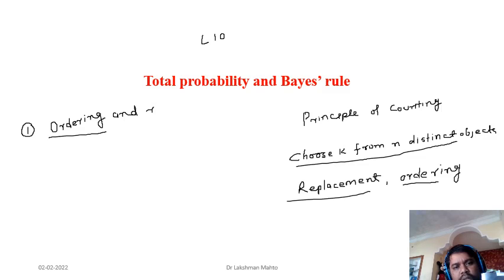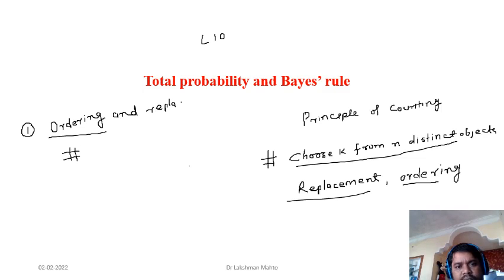So what are the possible things? What would be the scenario in this? What would be the number of counts? What would be this number? Choosing k objects from n distinct objects, when there is ordering and also replacement.